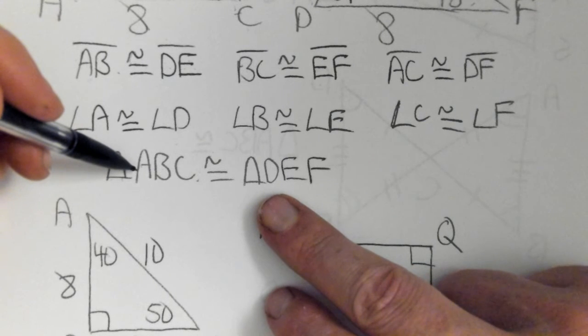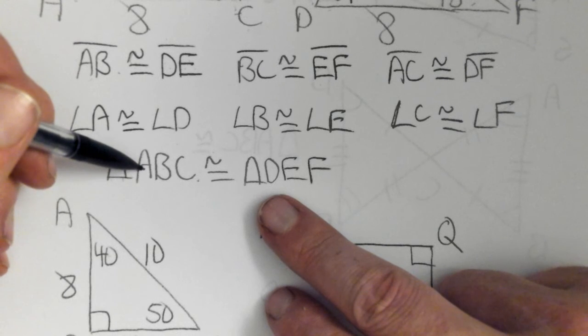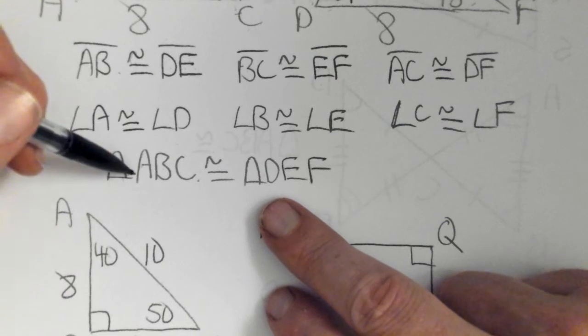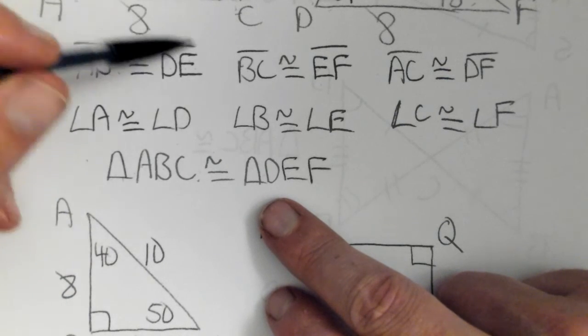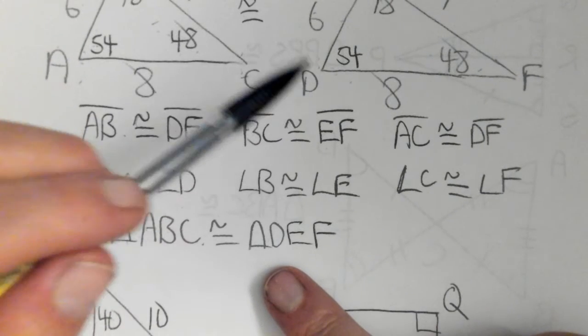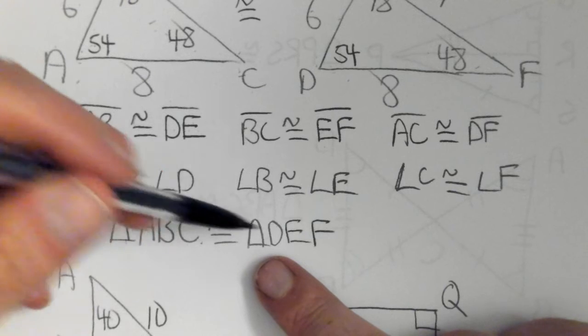The order of the letters tells you what parts match in the CPCTC. What do I mean by that? What's the first letter we come to here? A. And what's the first letter here? D. Well, angle A is matching with angle D. If this one's first and this one's first, they match.